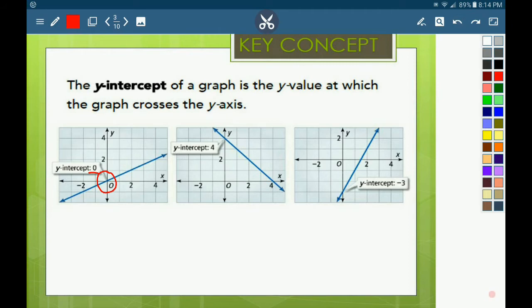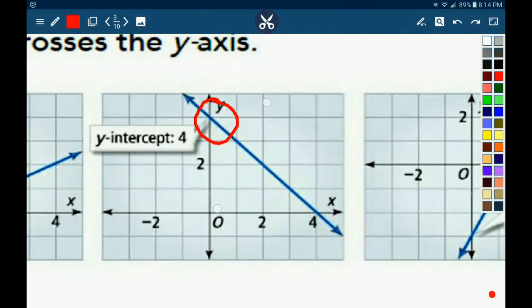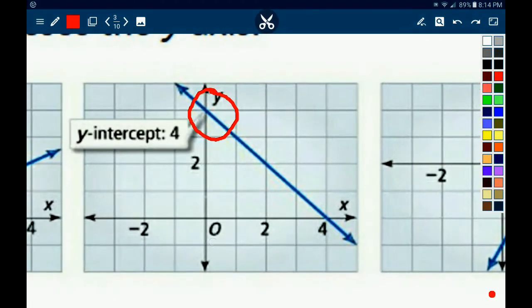If I look at the second example here, that's this position where the blue line crosses the axis, which is up at 4. You may see some graphs that look like this, where it's scaled in a way where they don't label everything. So this one would be 1, this is 2, 3, and 4. Make sure you can identify which grid line the blue line is actually intersecting.